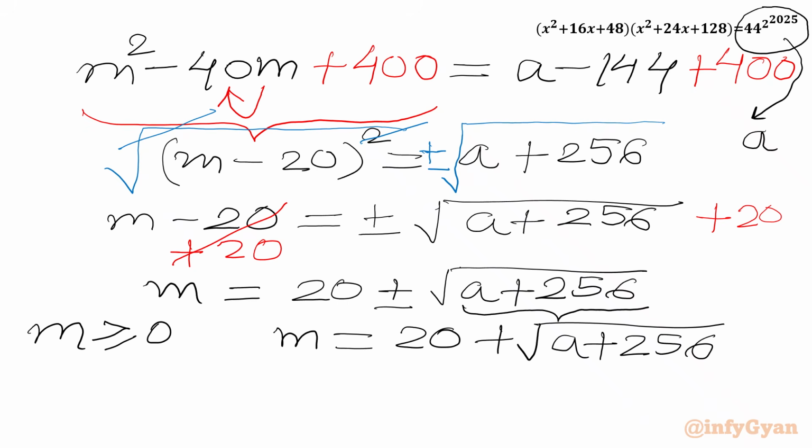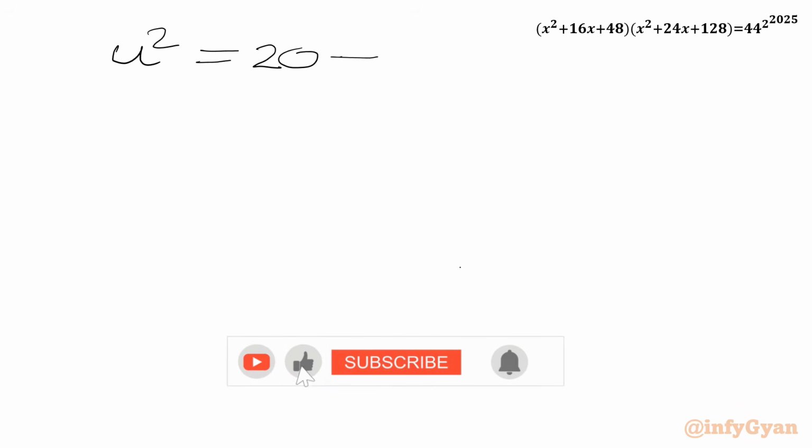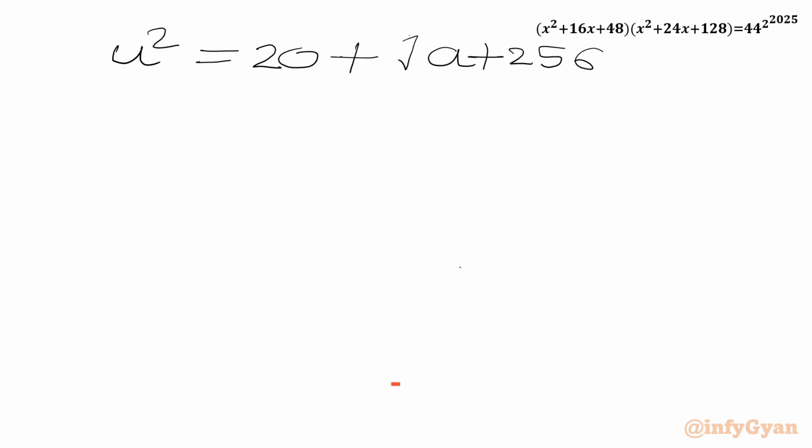Now m was our substitution, u square. So we write u square equal to 20 plus the square root of a plus 256. Now we take the square root once again to remove the square from the LHS, and I need to put a plus minus sign over here.